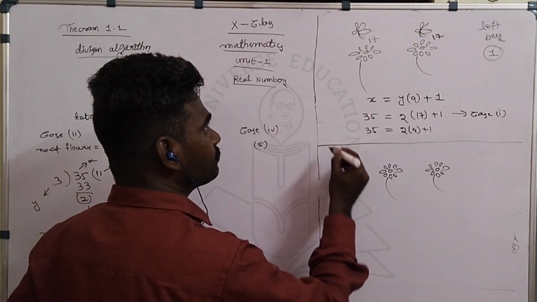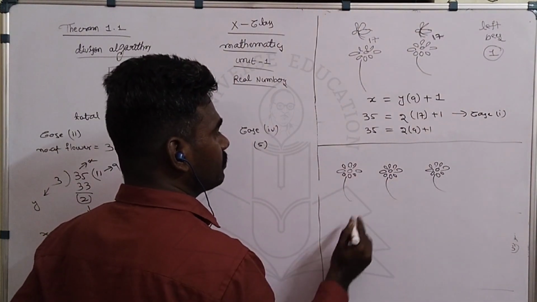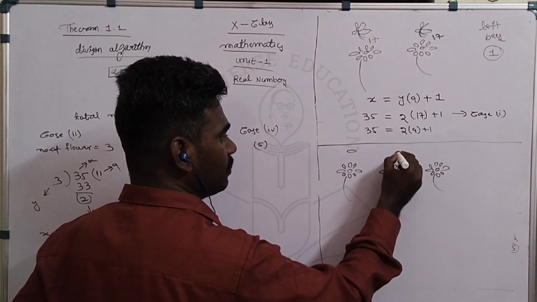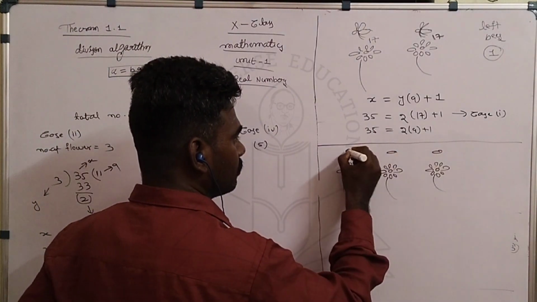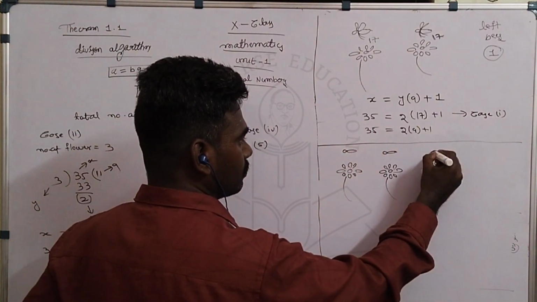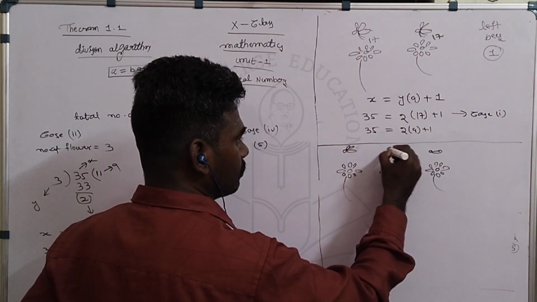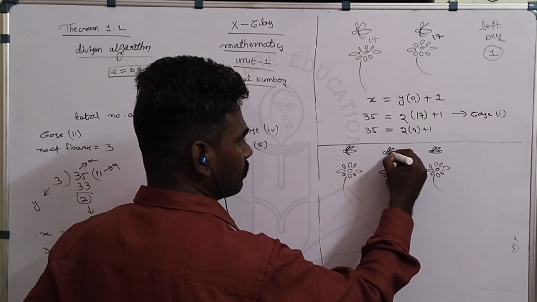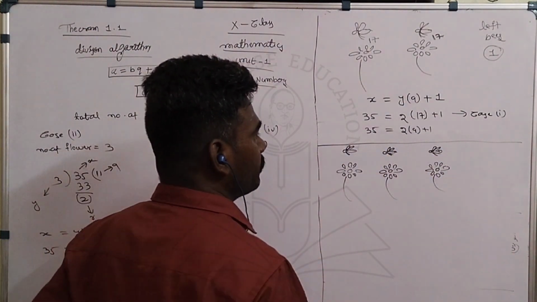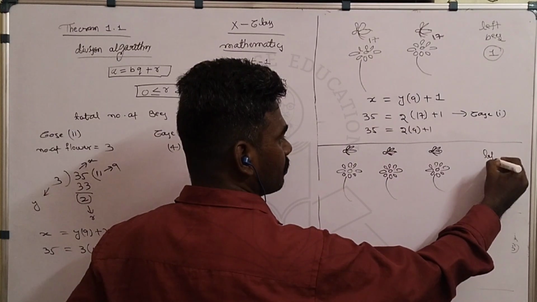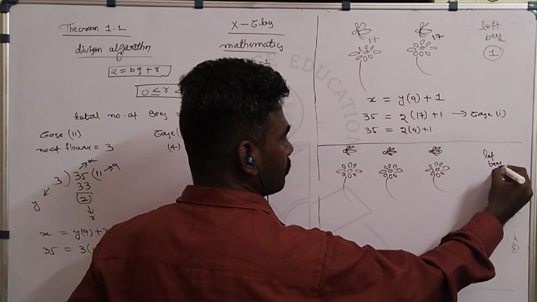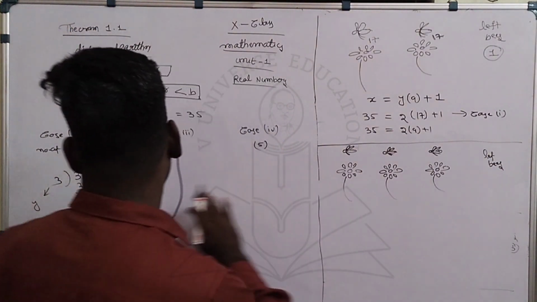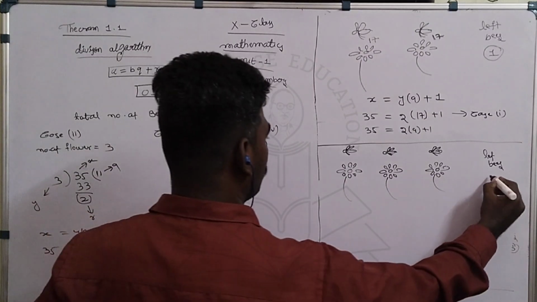In the second case, there are 3 flowers. So these are the 3 flowers, and the bees are equally divided here. The left bees, from our condition, are 2.